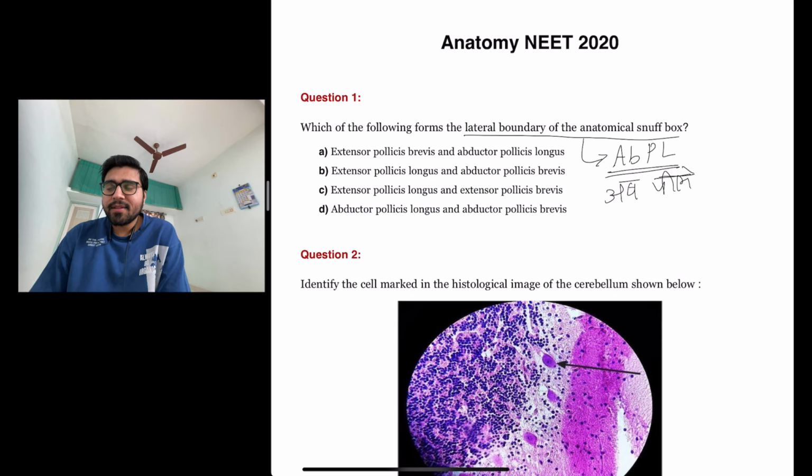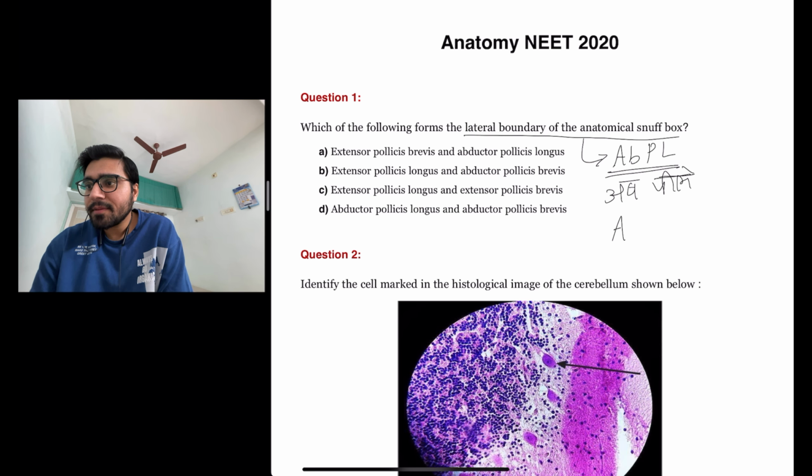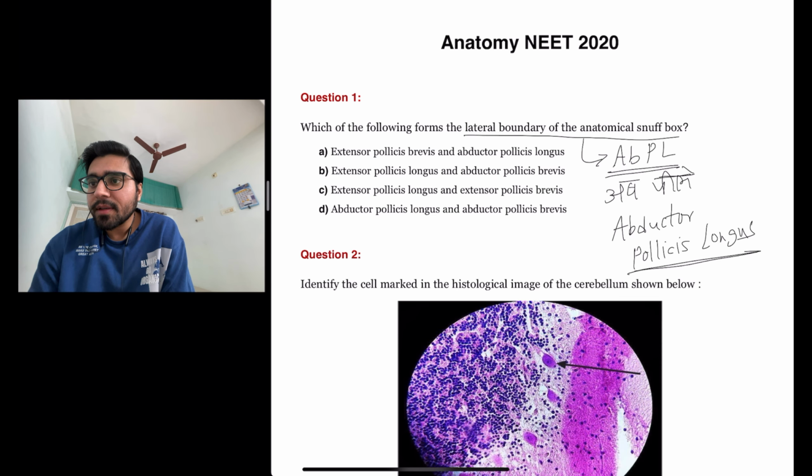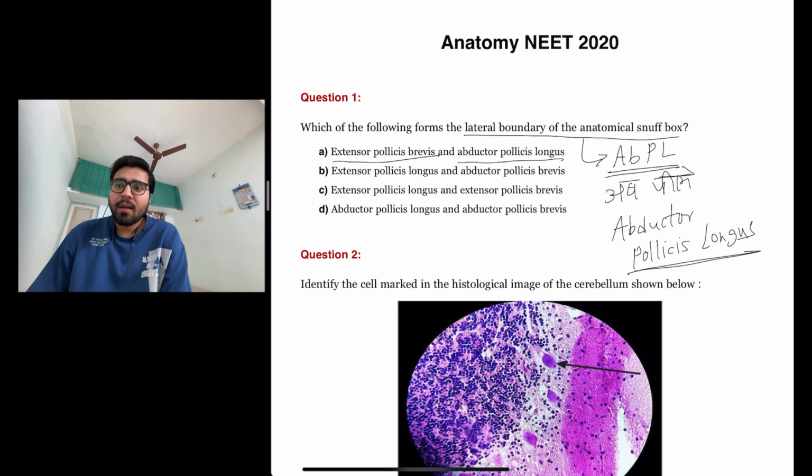So ab pile is the lateral boundary of the anatomical snuff box, meaning abductor pollicis longus is here, and extensor pollicis brevis. So the answer here for lateral boundary is A. Extensor pollicis brevis and abductor pollicis longus.